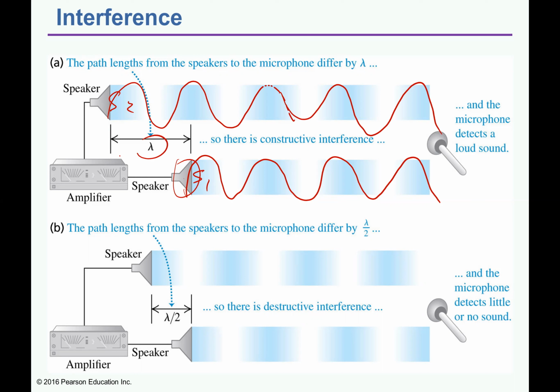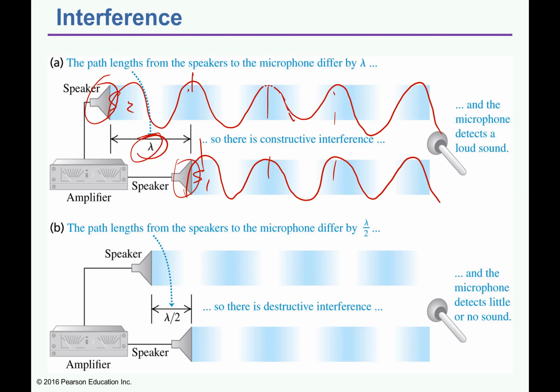Obviously, if I bring speaker two right here, they have exactly the same position, so they send the same wave: crest, crest, crest, crest, same as if I move speaker two behind speaker one by exactly one wavelength.